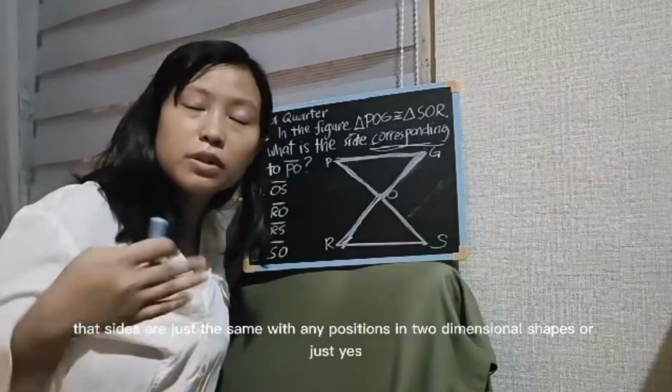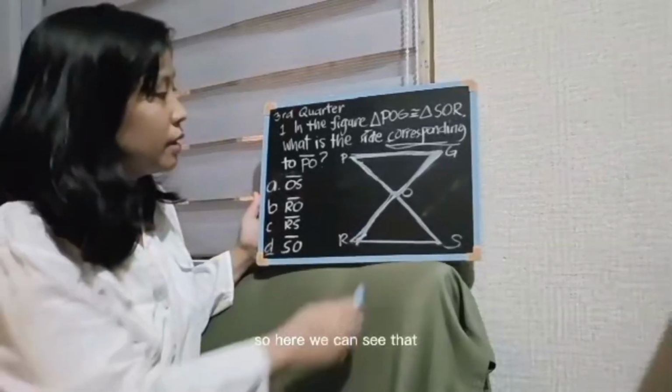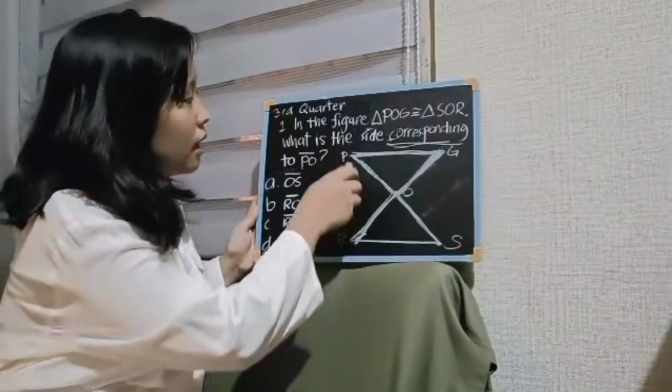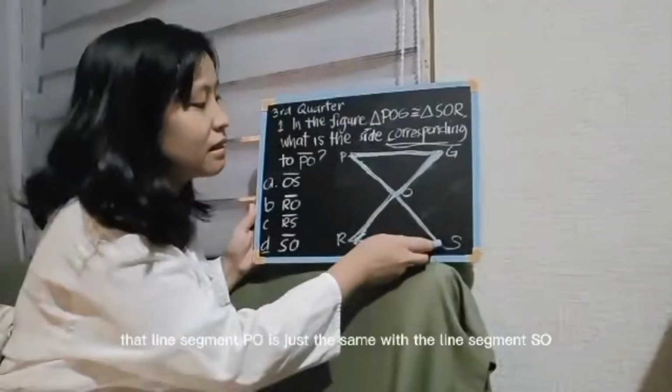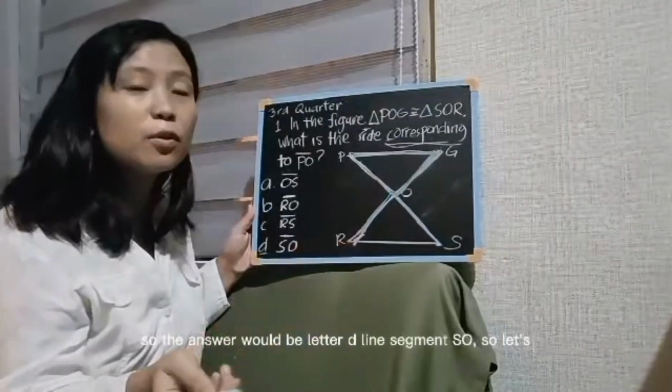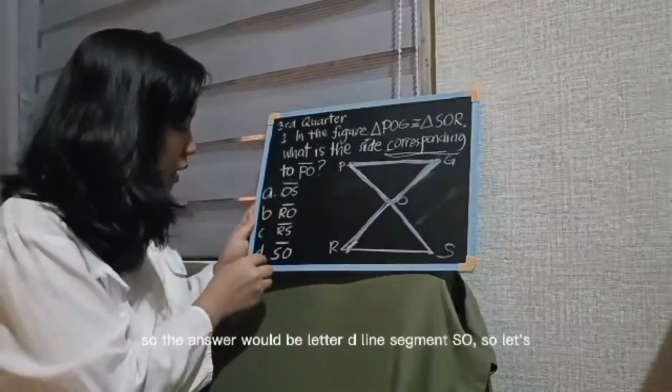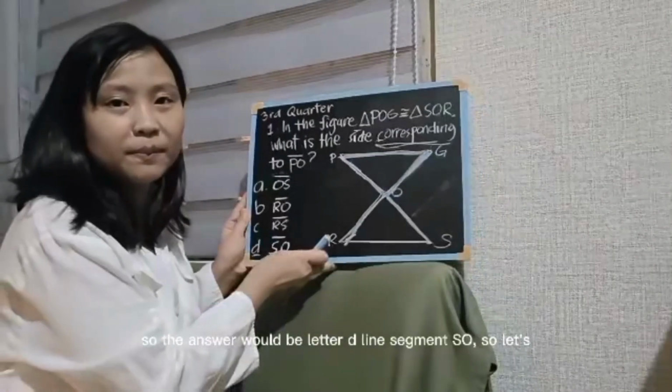So here we can see that line segment PO is the same as line segment SO. So the answer is letter D, line segment SO.